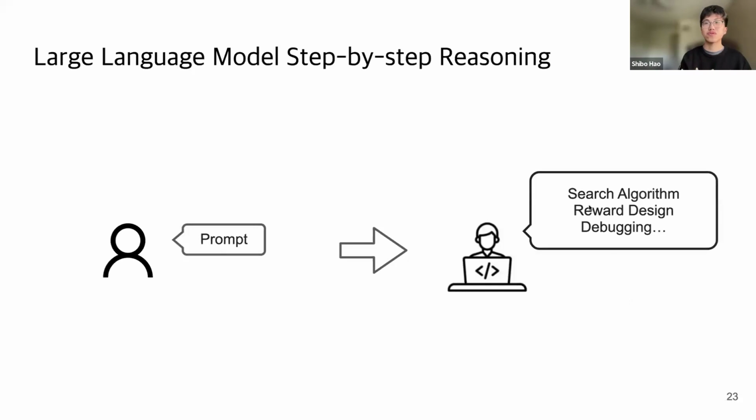For example, we need to develop the search algorithm, we need to define the reward, and it's also a torture to debug because they're so hard to analyze. So I guess those are the two main motivations for why we want to develop LLM Reasoners, this library.